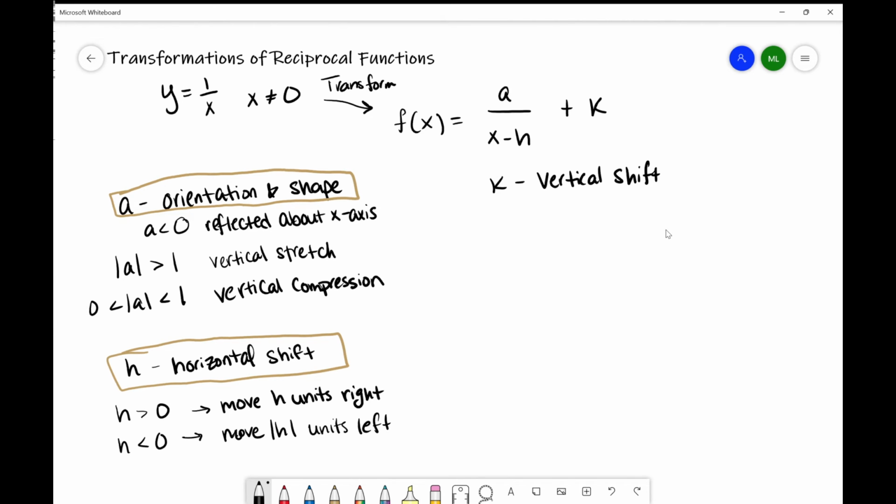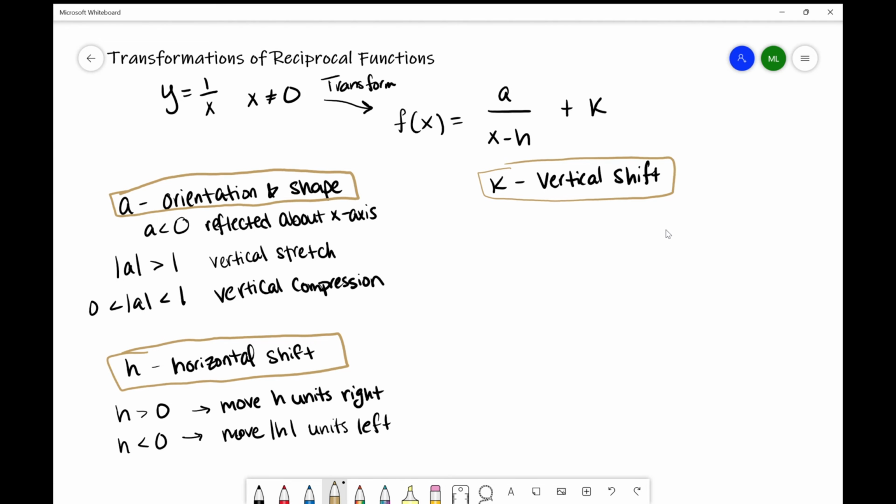So k represents the vertical shift, not necessarily always your intercept for reciprocal functions, because the parent reciprocal function, as we said earlier, does not have any intercepts. So be careful. It helps to graph it first and then check to see if you have an intercept or not.